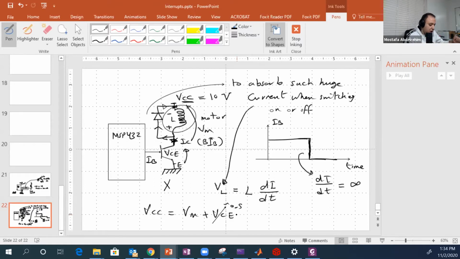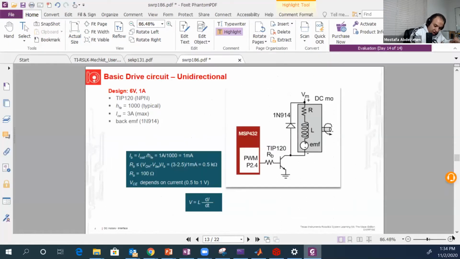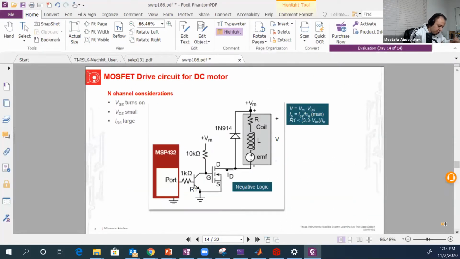Okay, that's why we have another type of connection, which is this one. Okay, so you add another transistor. Now it's not a BJT transistor, it's an NMOS transistor. Okay, and now let's see how this circuit will operate.